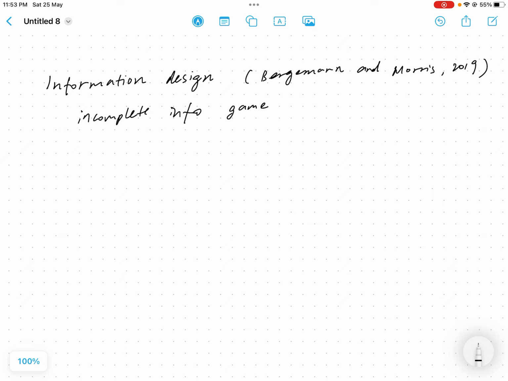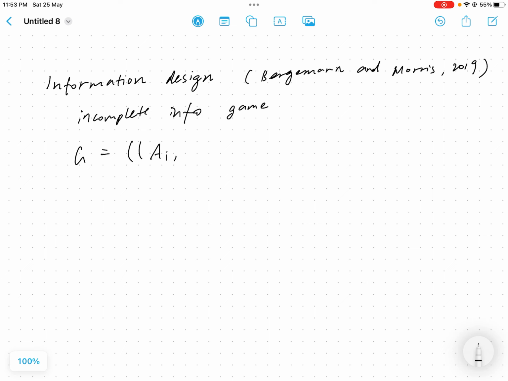This is a continuation from the previous episode, and recall that our incomplete information game has the following structure. The basic game G has some basic ingredients. There are I players.